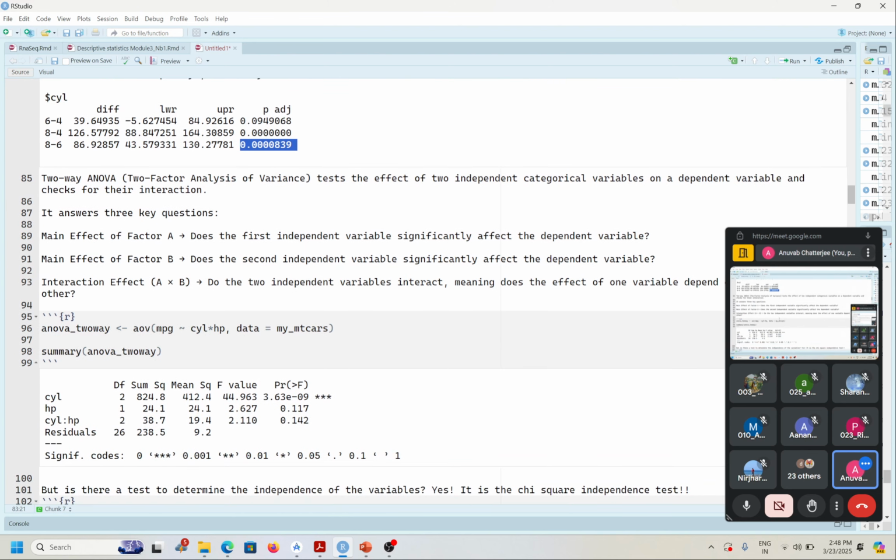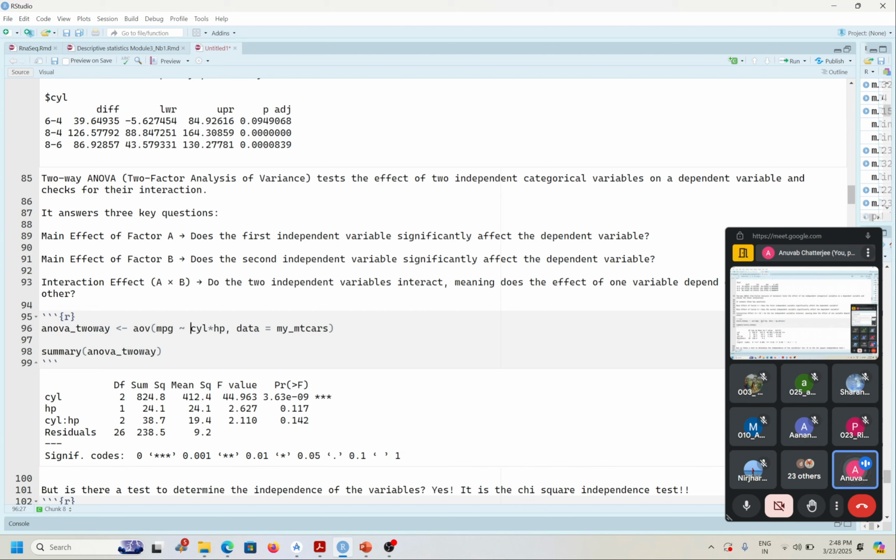Next, what if the next question that someone asks you is what is the dependence of one particular variable on two other variables, say we are dealing with mileage? What does the mileage depend on exactly?